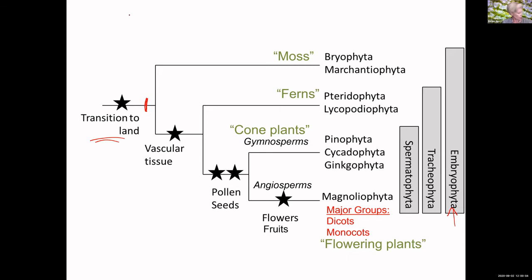They have alternation of generation, but they have special body organs for making spores and gametes. Sporangia and gametangia.